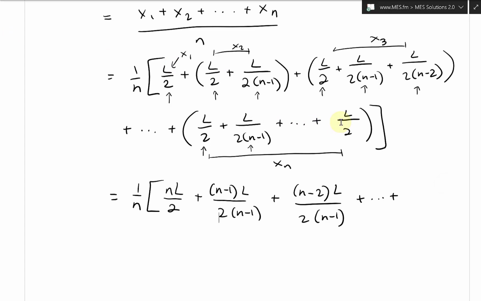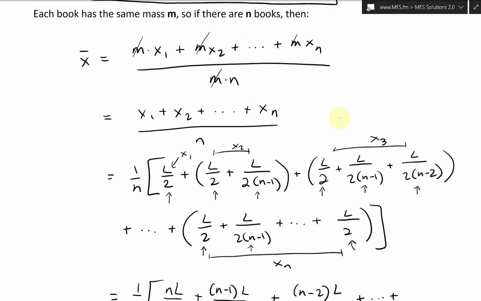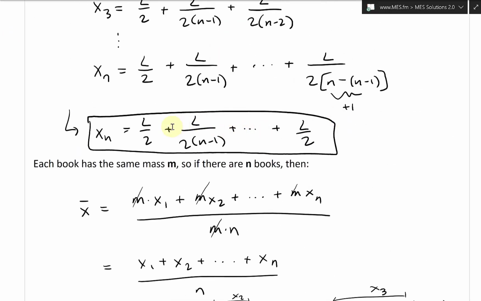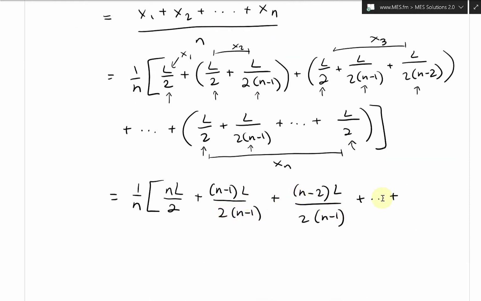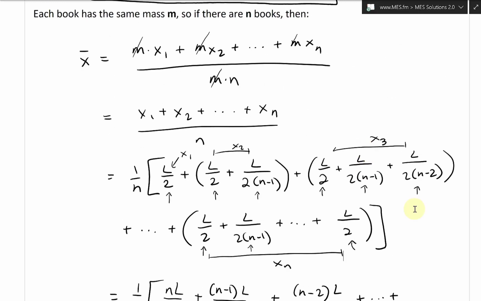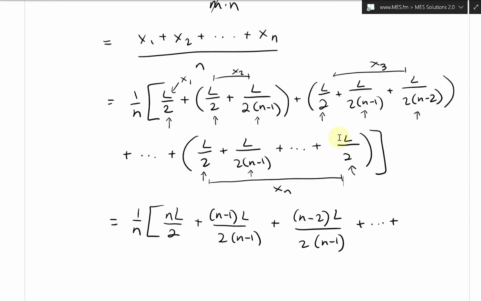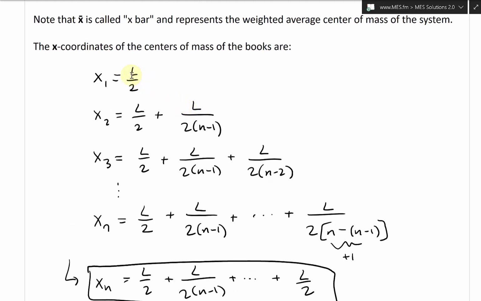The last one is just by itself, L over 2. We first have L over 2 times n minus 1, that cancels. So everything cancels until the very end, the nth one, and that last one occurs just once.